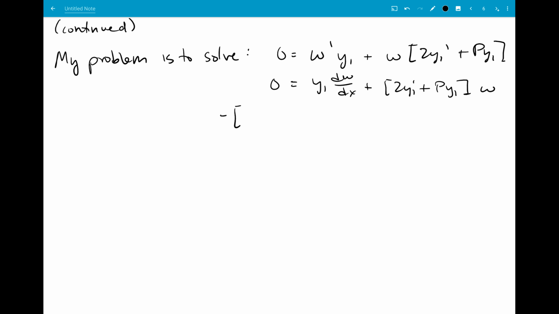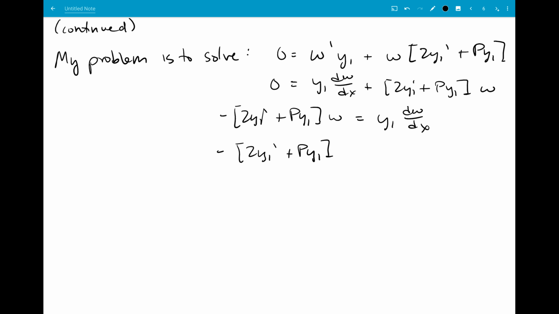So let's see, I've got negative 2y1 prime plus p y1 times w is equal to y1 dw dx. So negative 2y1 prime plus p y1 over y1 dx is equal to dw over w. I'm going to move that y1 inside this fraction, split it in two: negative 2y1 prime over y1 plus p.